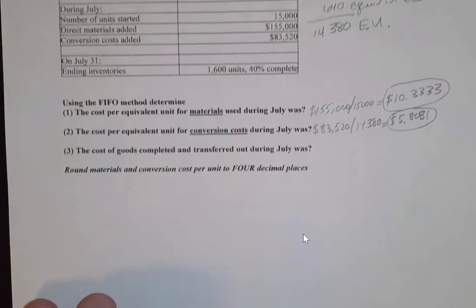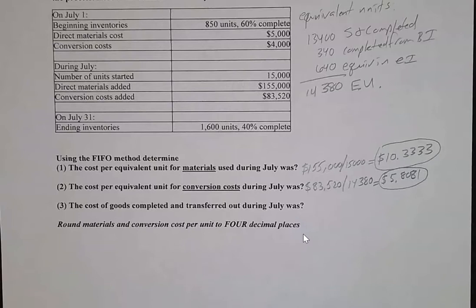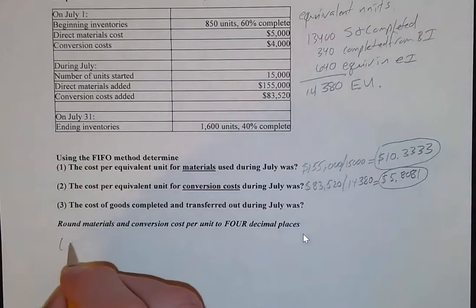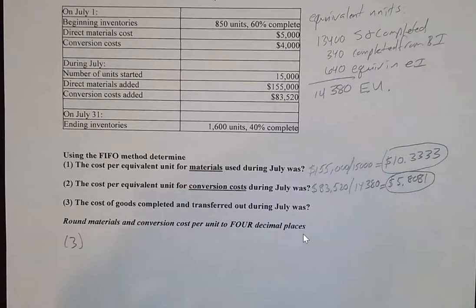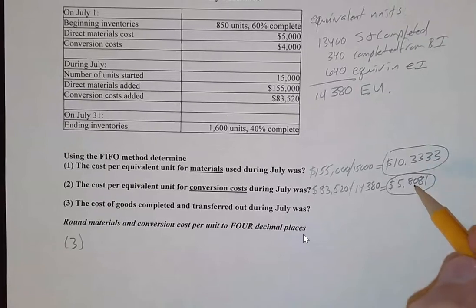So what we have to figure out here, and this is very, very important, is they want to know the cost of goods completed and transferred out during July. So when we do number 3 here, we have to understand that we're going to be using our cost per unit for materials and our cost per unit for conversion costs.